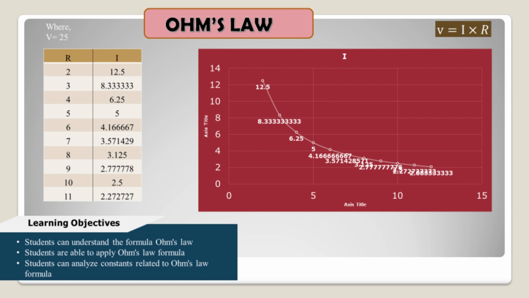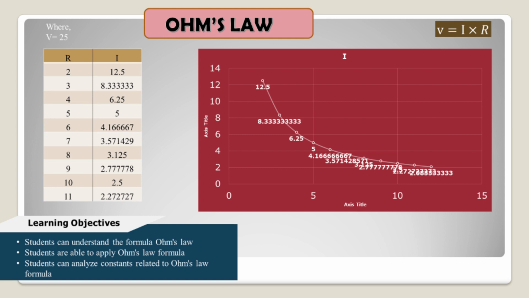If we have the voltage equal to 25 volts, and we make a table of range with the resistance equal to 2, the current, mathematically, is equal to 12.5.